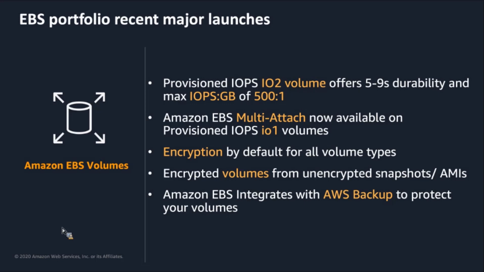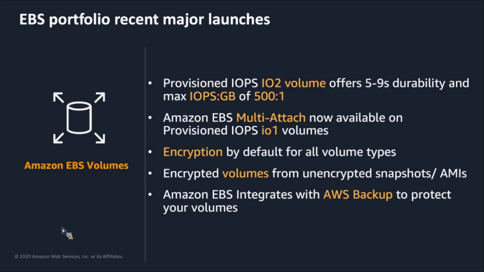So this has become one of the very popular offerings in the recent past, and most of the customers are leveraging it for their workloads. Multi-attach, some of you are using multi-attach on top of a clustered file system solution. This is for IO1.